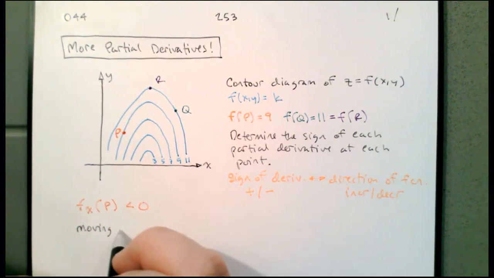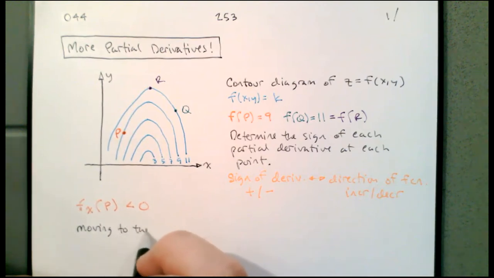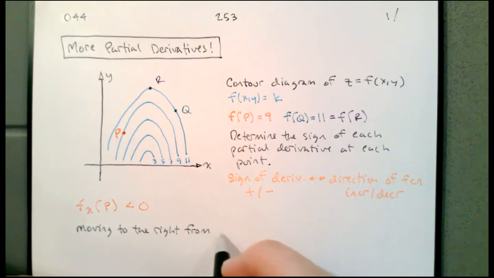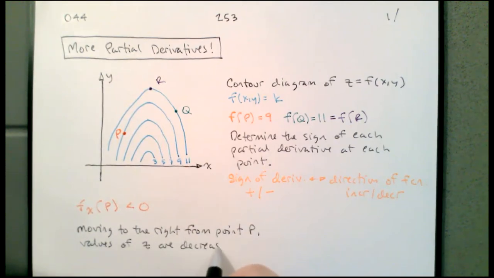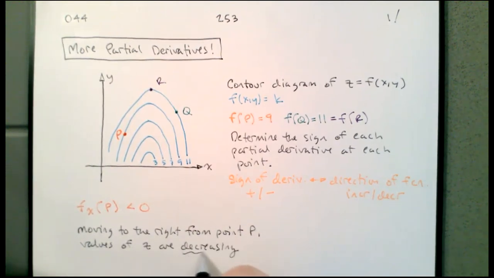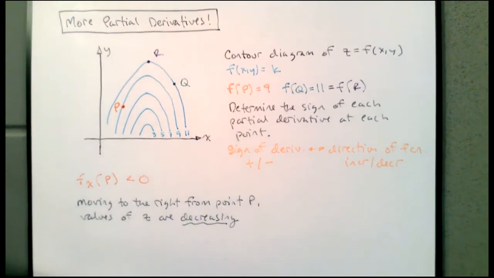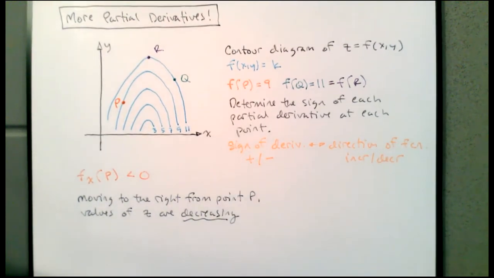Moving to the right from P, the values of z are getting smaller.